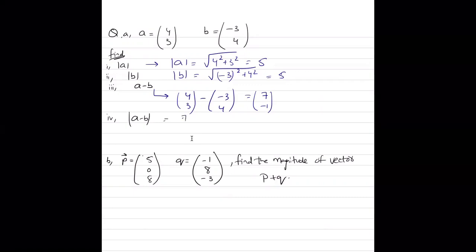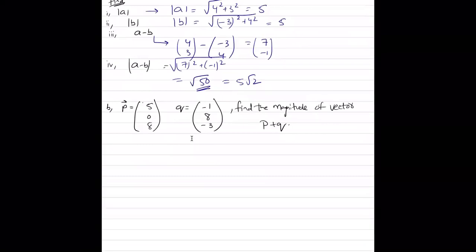So that is going to be square root of 7 square plus minus 1 square, 49 plus 1, square root of 50. Square root of 50 is 5 root 2.